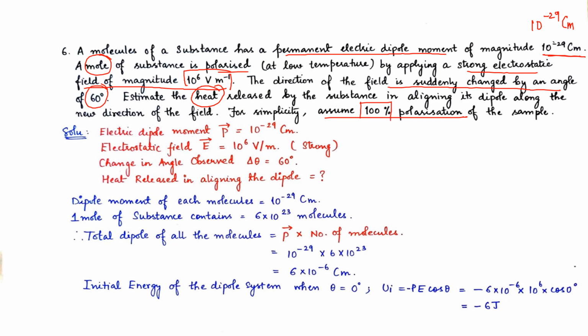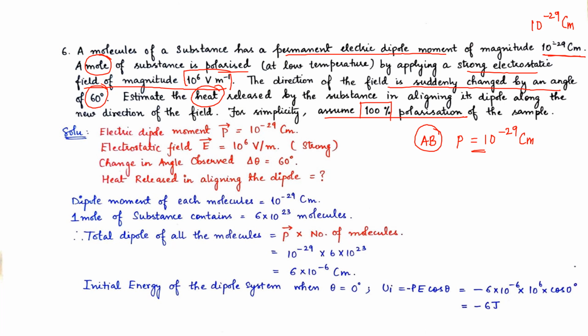So the question is telling us that we have a particular molecule AB, which has a dipole moment of 10 to the power minus 29 coulomb meter. One molecule has this dipole moment.